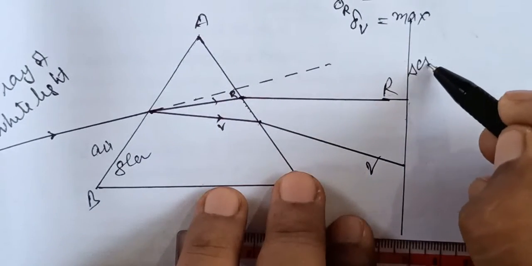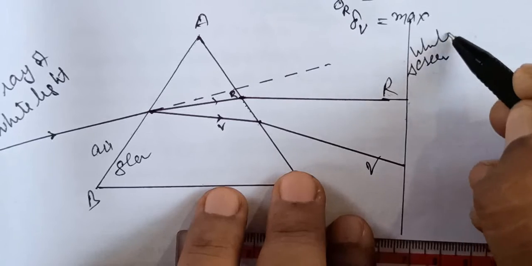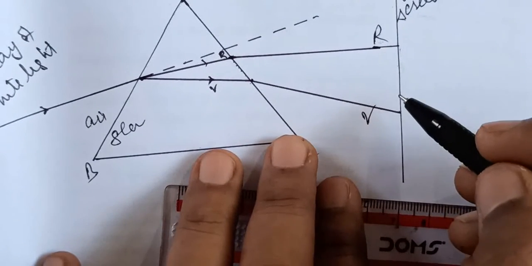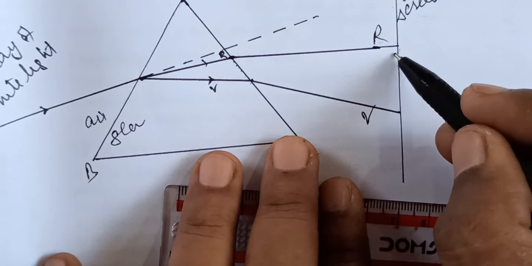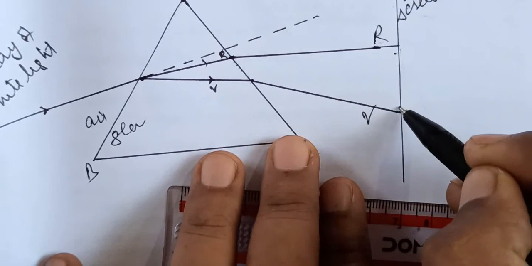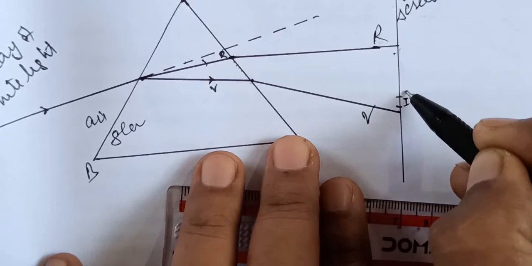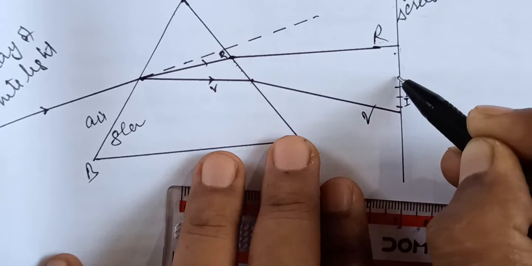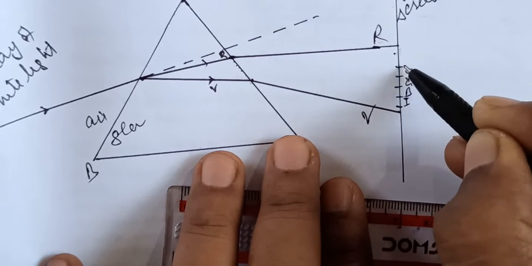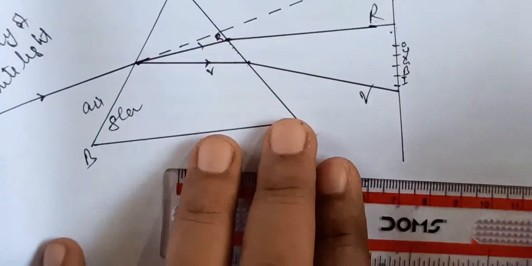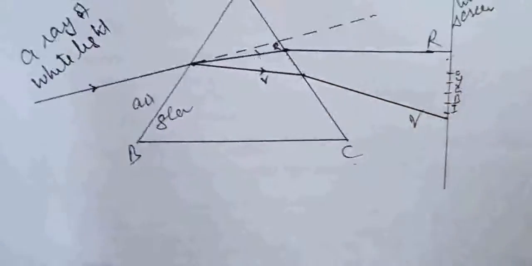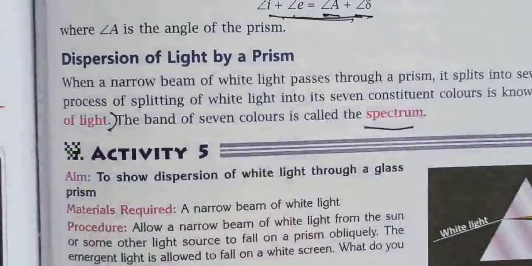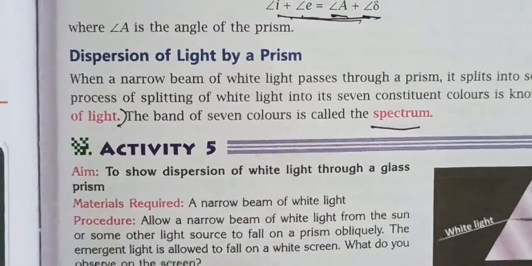And this patch of color obtained is called a spectrum. So violet is there, just above that indigo, then blue, then green, then yellow, then orange, then finally red. Right? This splitting of light is called dispersion of light. And from daily life, the example is the rainbow.